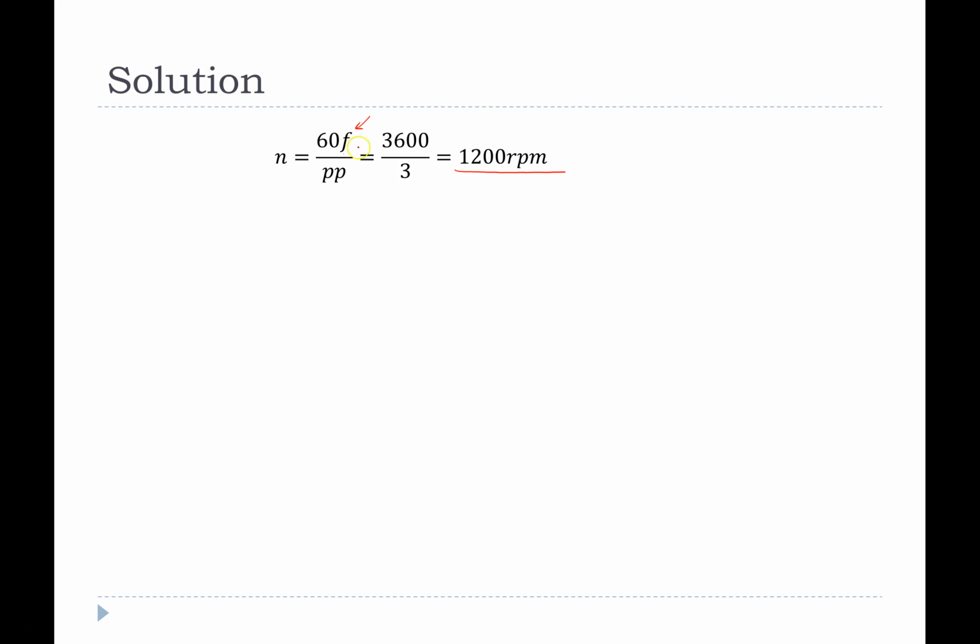I multiply by 60 to get cycles per minute, and then I divide by the number of pole pairs to find the mechanical speed. Remember, the number of pole pairs will convert the number of electrical cycles to the number of mechanical cycles. So this is a simple calculation. I don't have any slip or anything. It's just the synchronous speed. That is the speed of the rotor.